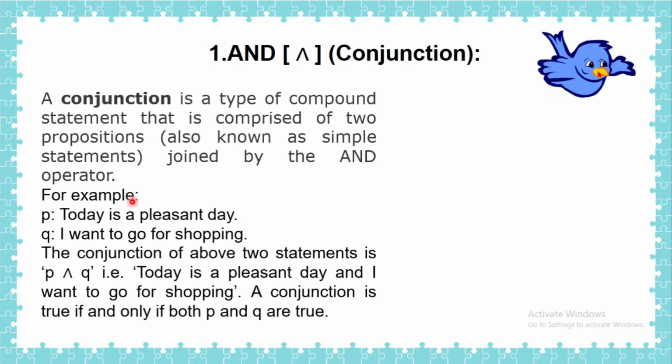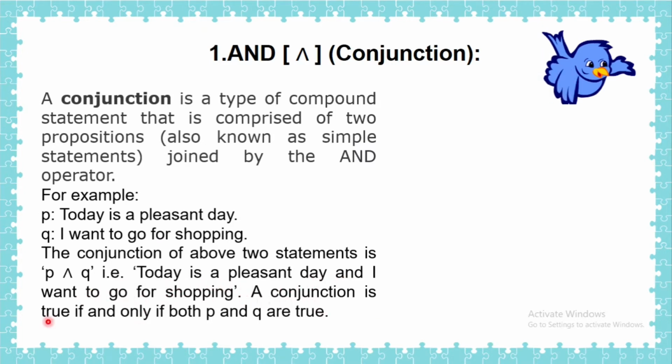For example, P equals today is a pleasant day. Q equals I want to go for shopping. The conjunction of these two statements is P logical and Q: today is a pleasant day and I want to go for shopping.